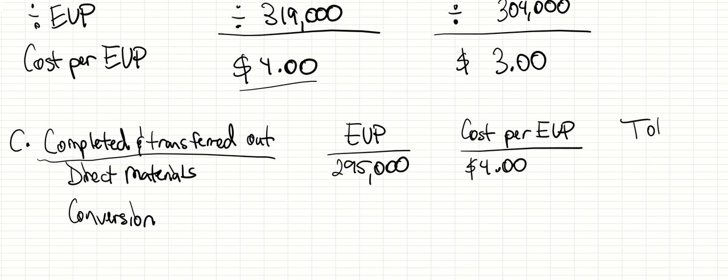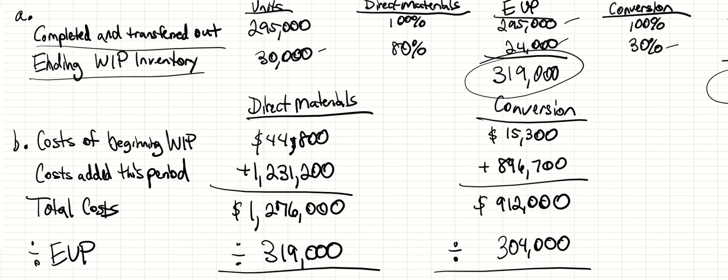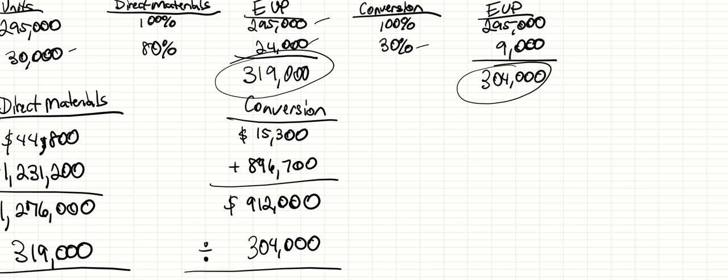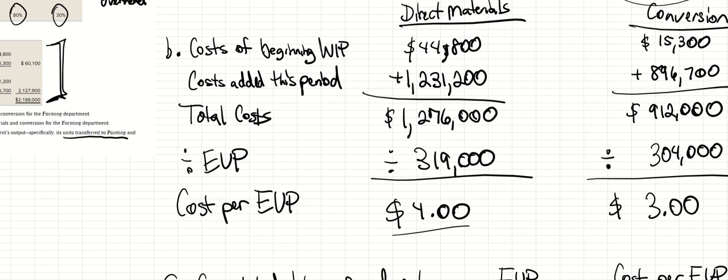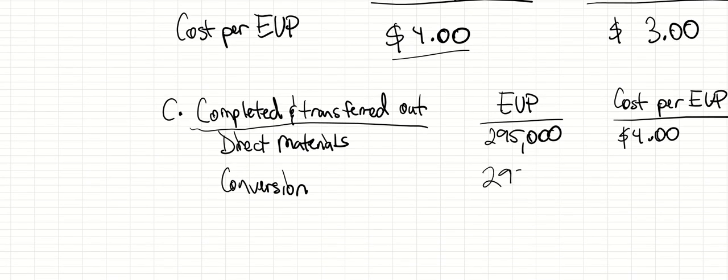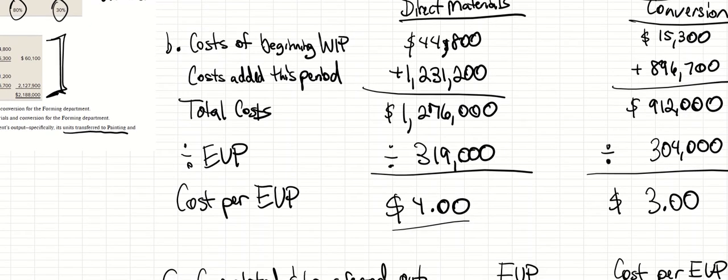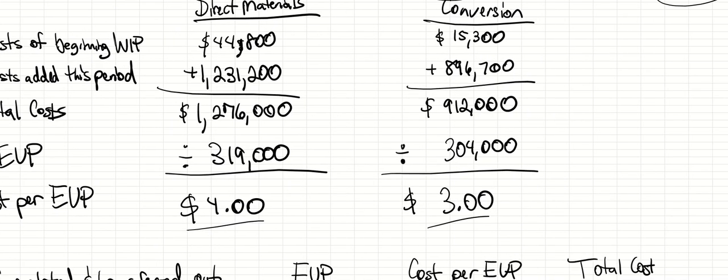So our total cost comes out to be $1.180 million. Conversion: the EUP there is also 295,000, calculated from letter A. The cost per EUP, calculated in letter B for conversion, is $3.